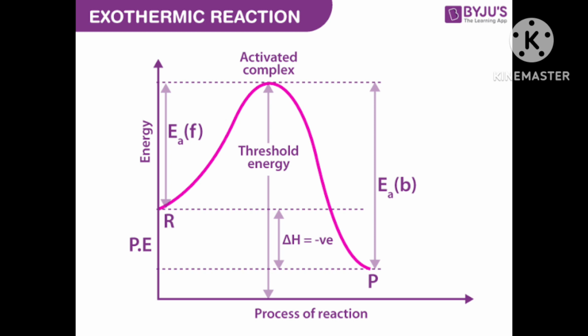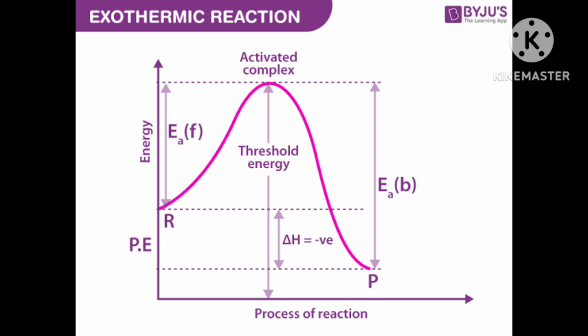Then k will become ln k on the left side, and on the right side, ln k is equal to minus Ea upon RT plus ln A, capital A. Correct, because A was there in the beginning. Now you can separate it: ln A plus minus Ea upon RT, because the power will come down.